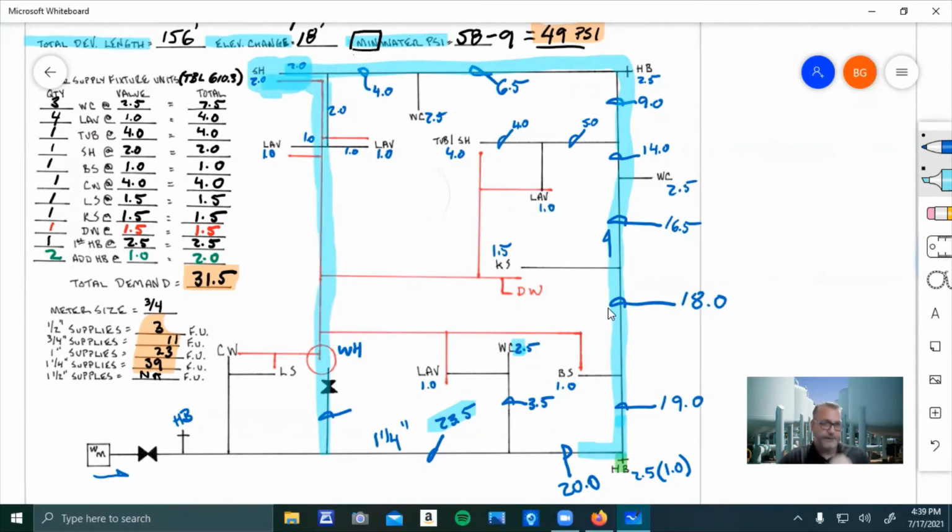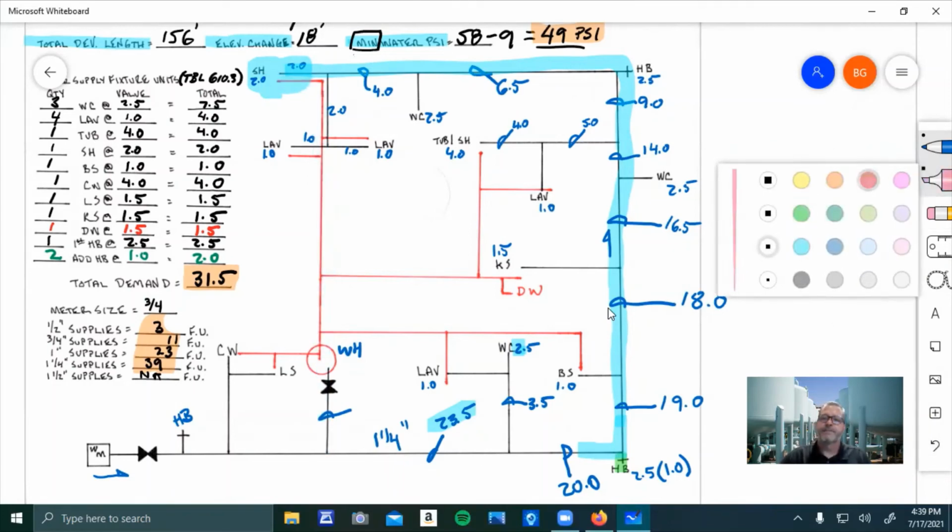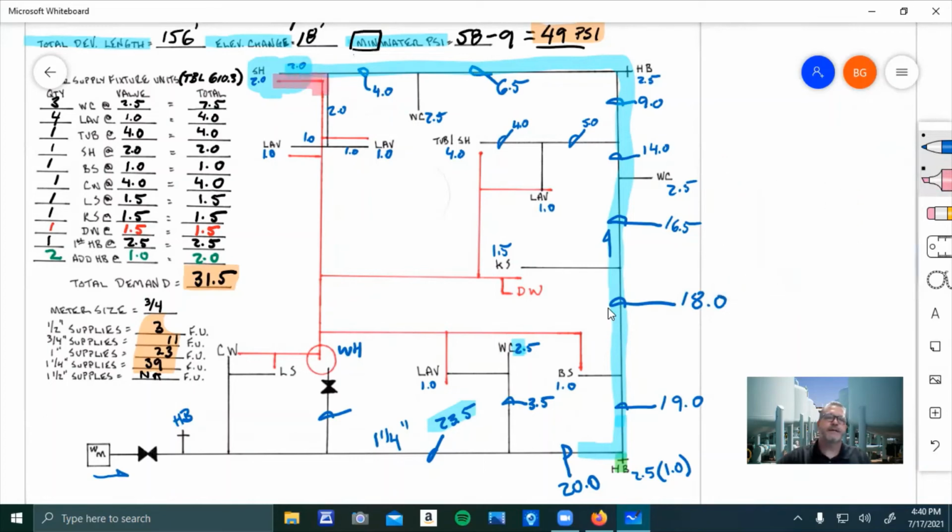So this portion that just got highlighted, and we'll actually highlight it in red this time, this portion right here, that is the shower run. So I have 2 fixture units for my shower going this way, but I also have to feed it this way. And by going that way, I have to add 2 fixture units, but the value is still 2.